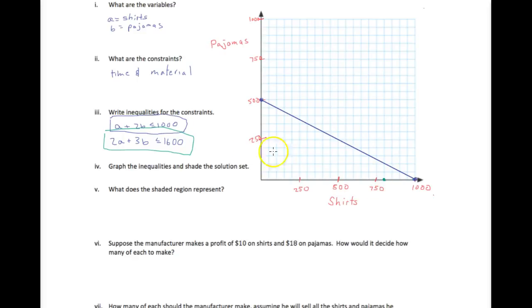And if we make no shirts, we have to think about what 1,600 divided by 3 is. It's about 533, so I said this was 550. So it's somewhere right about here.